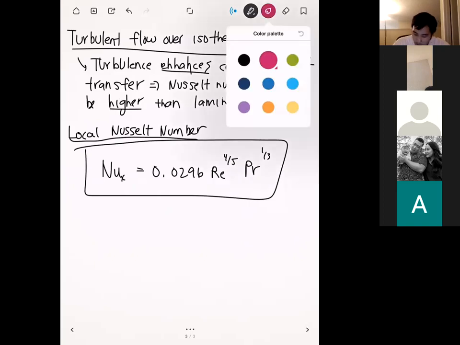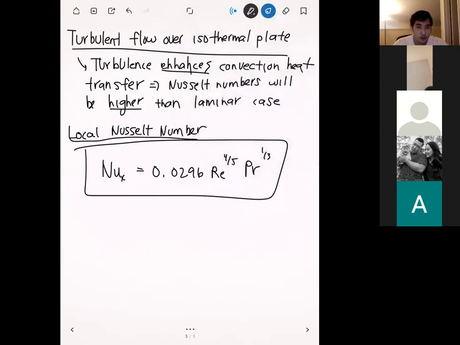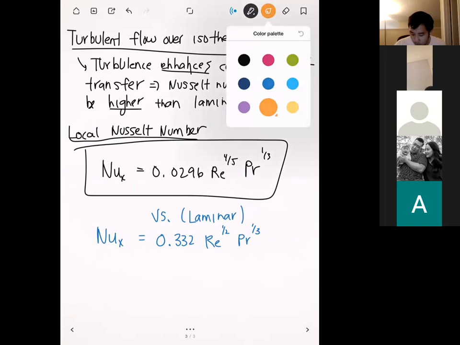Let's compare this very quickly to the local Nusselt number correlation in laminar flow. In laminar flow, we had 0.332 times Reynolds number to the 1/2 times Prandtl number to the 1/3.